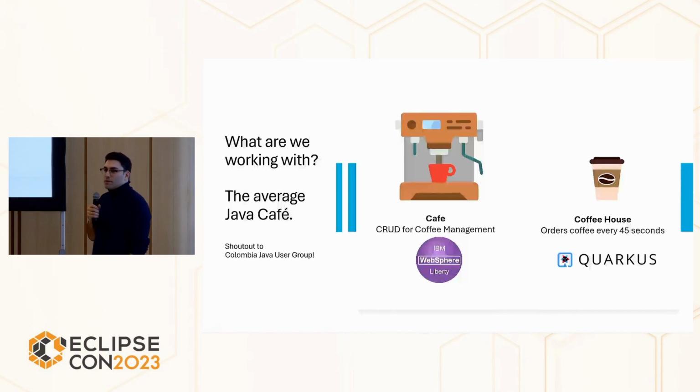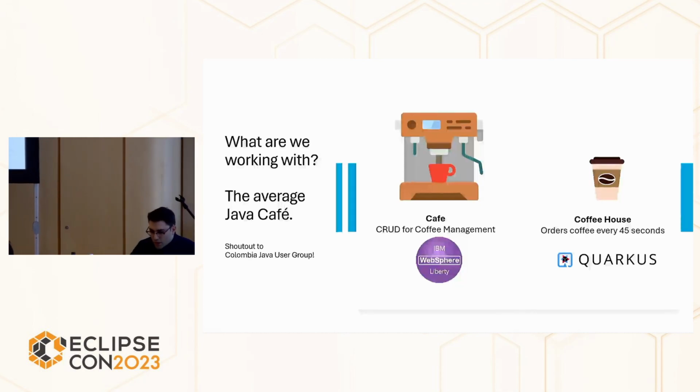And we have a coffee house application, which will order coffee every 45 seconds. It's a standard Quarkus application that you can generate with one task. Before we go on with Kubernetes, let me just show you the application itself so you know what we're talking about.